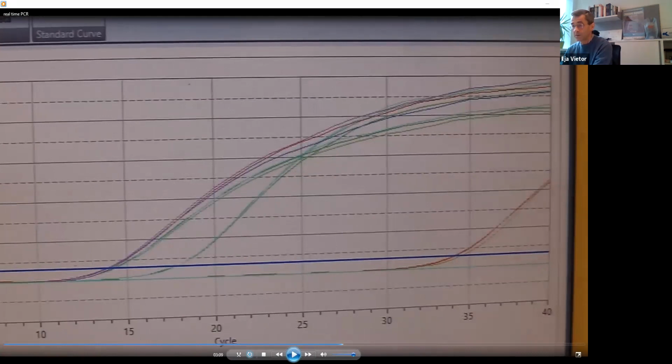And here you can already notice something interesting. So you see 3 curves which are very similar to each other. This is a good sign because these are triplicates of the same sample, and they should be like this. They should be very, very close to each other. And then you see another 3.